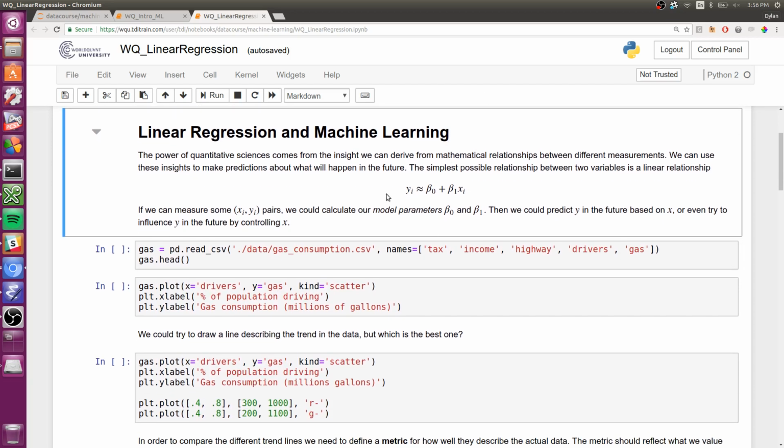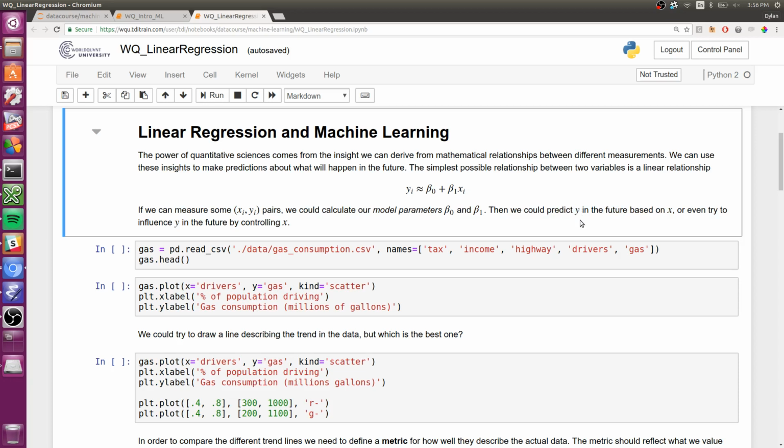So, this guides us to a calculation of these model parameters. And once we have these model parameters, beta naught and beta 1, in the future, if we were to only measure x, because perhaps that's all we can measure, we could predict y.